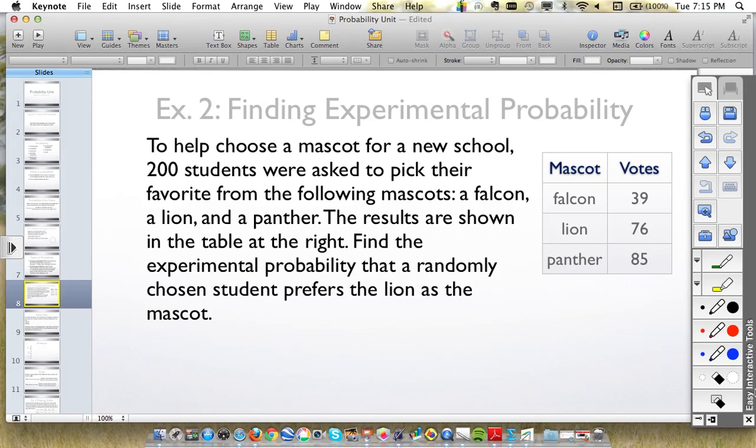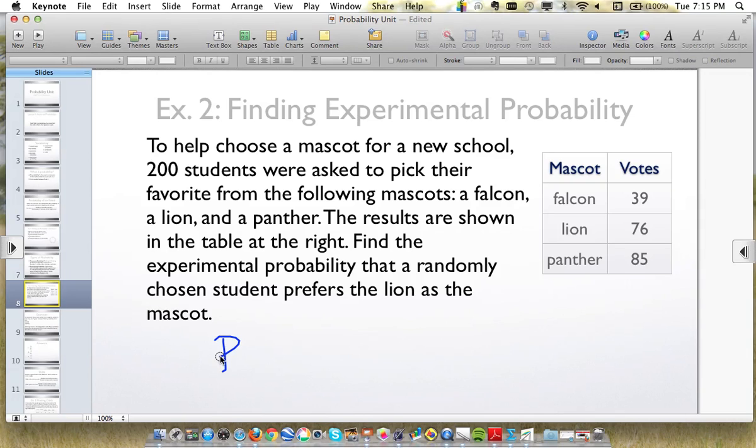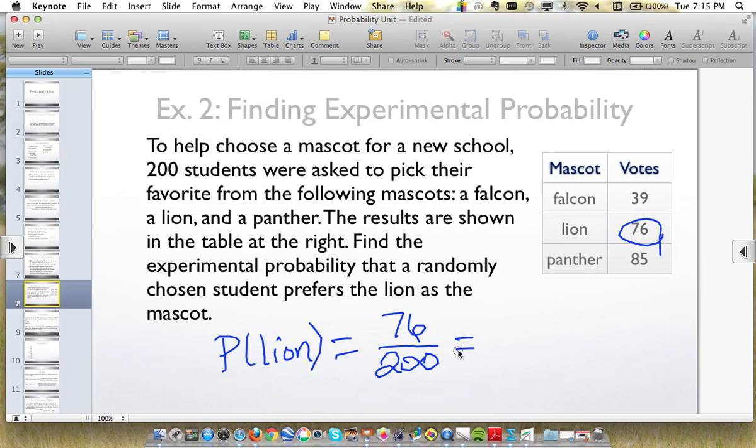Okay, so we know that the probability that you're going to choose a student who voted for the lion is going to be the number of students who chose the lion out of the total number of students surveyed. So there's your basic probability. Of course, we need to simplify this. So 76 divided by 4.